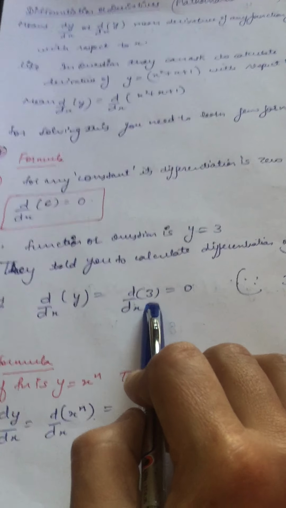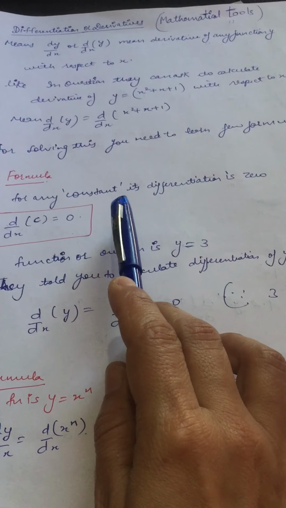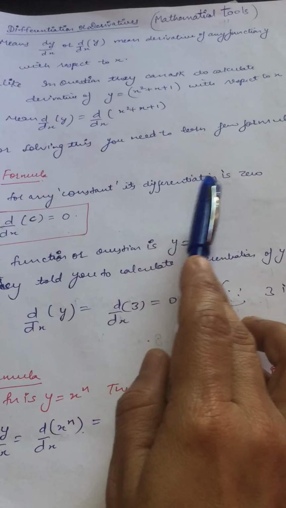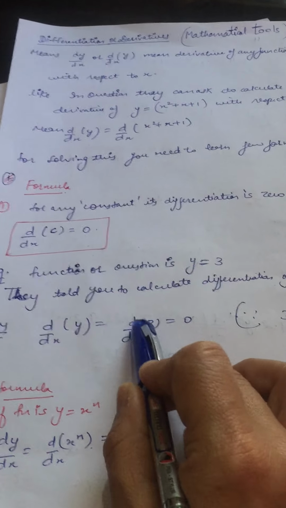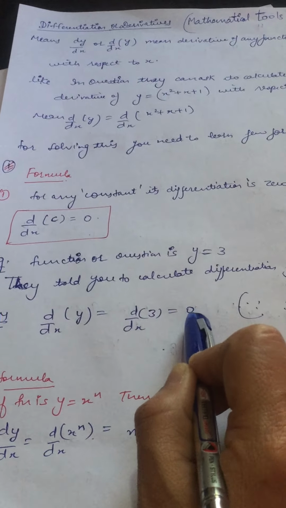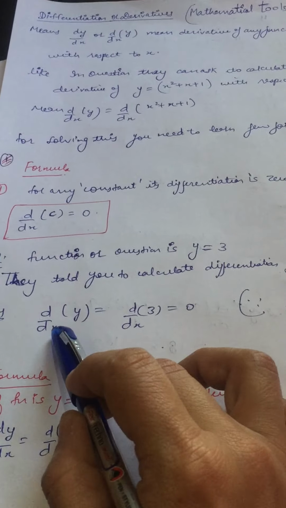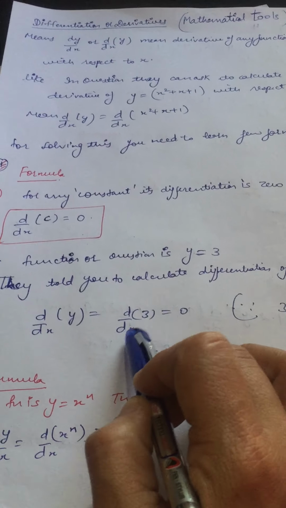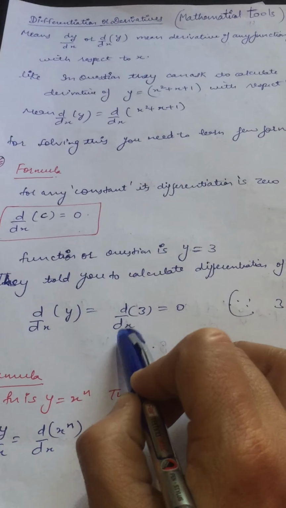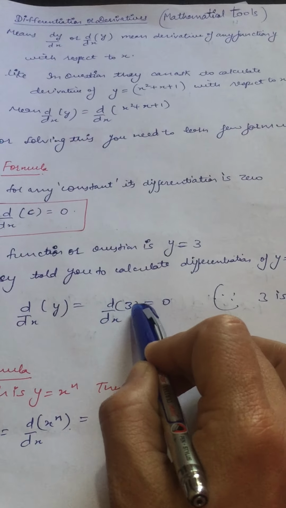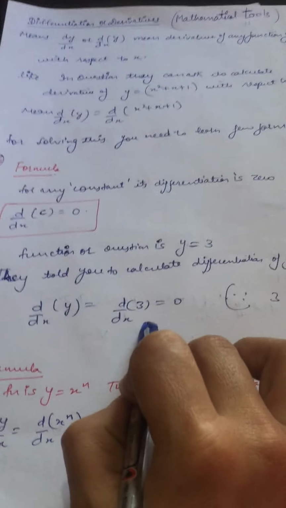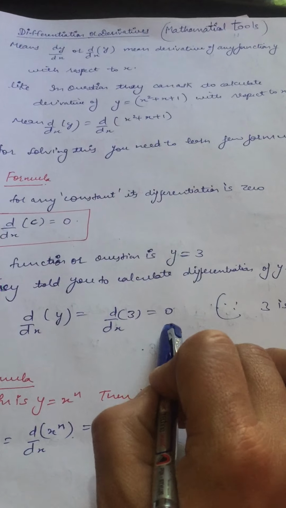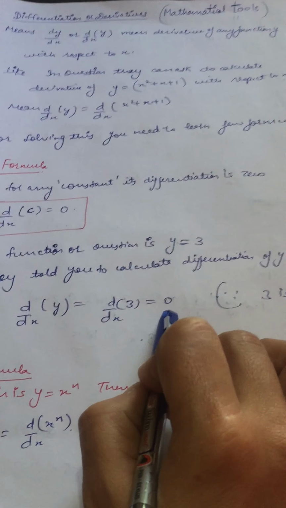As 3 is a constant, this matches with the formula: for any constant, differentiation is 0. So 3 is a constant, its differentiation, d by dx of 3, is 0. The notation should remain like this only. You will write d in the numerator, dx in the denominator, and in the bracket with d you will put your function. So this is the first formula, the derivative for any constant will be 0.